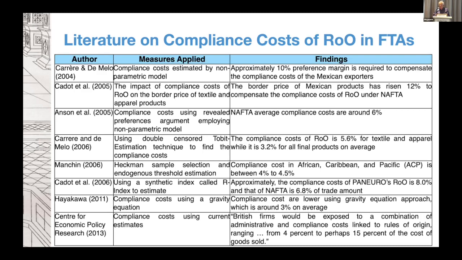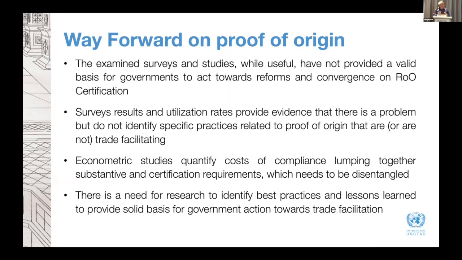These are percentages of the compliance cost. The problem with these kinds of studies and surveys is that they indicate that there is a problem, but they don't indicate the solution. They don't clearly indicate the cause of the problem. And when you don't know the cause of the problem, the remedies to obviate this cost of compliance are not contained in the studies. They're not clearly identified.